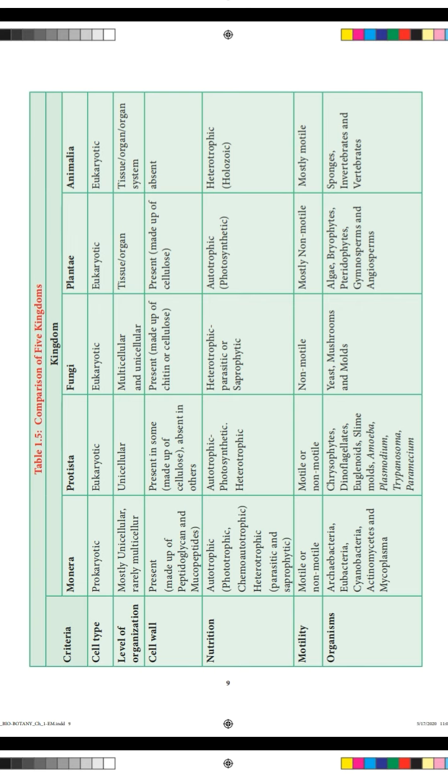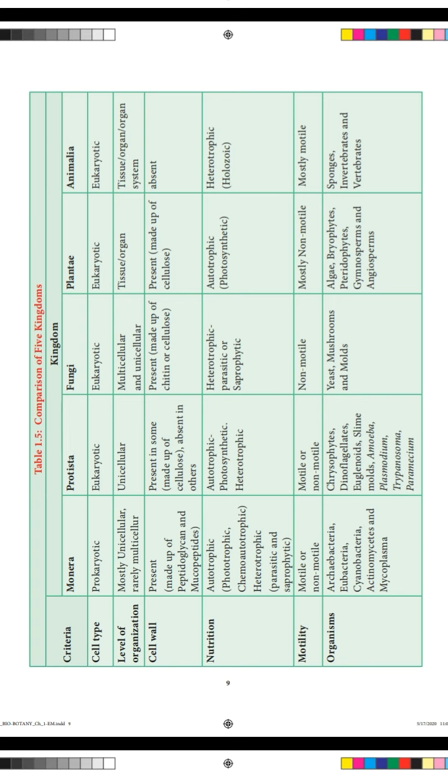So some examples of each kingdom. First one, kingdom Monera: they included Archaebacteria, Eubacteria, Cyanobacteria, Actinomycetes and Mycoplasma. Protista: the organisms included under Protista were chrysophytes, dinoflagellates, euglenoids, slime molds, amoeba, plasmodium, trypanosoma and paramecium.